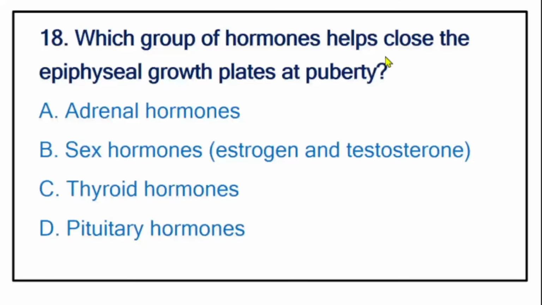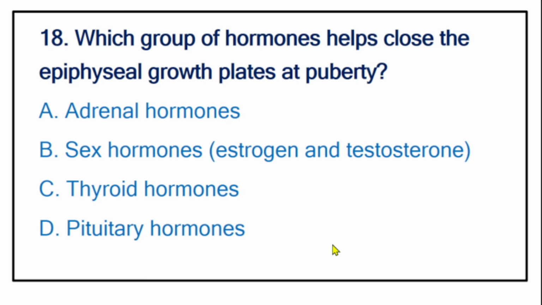Which group of hormones helps close the epiphyseal growth plates at puberty? The important keyword is closing the epiphyseal growth plates. Adrenal hormones, sex hormones, that is estrogen and testosterone, thyroid hormones, pituitary hormones. That is why I said initially that during childhood growth hormone helps the growth and development, mainly the growth of the bones.